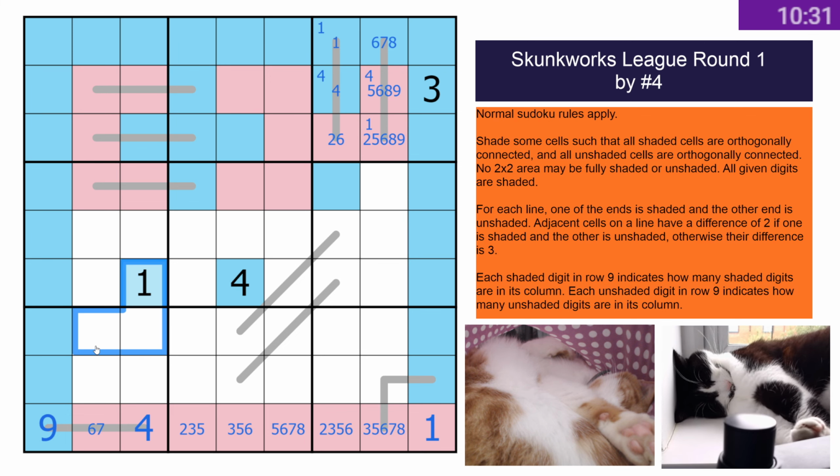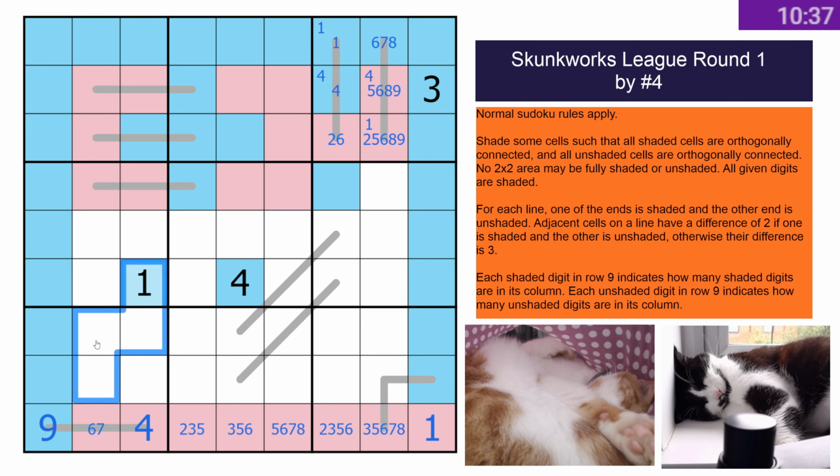If that's blue, that looks fine. No, hang on a mo. If that cell's blue, then because you get so much pink, that breaks this. I might have been pushing my luck a little bit there.